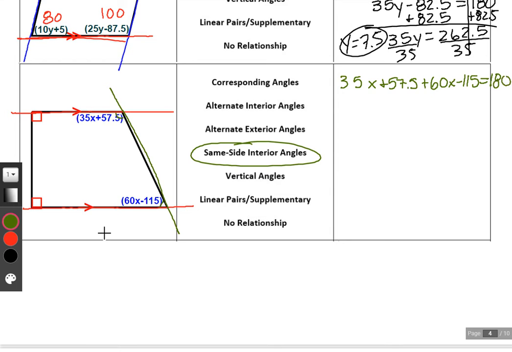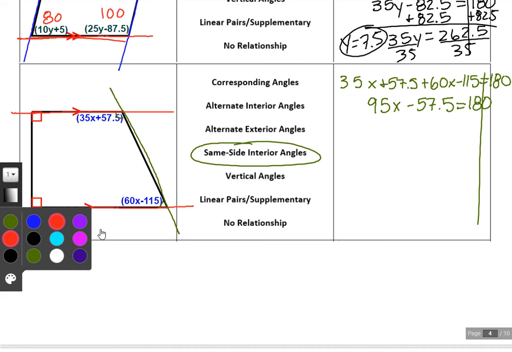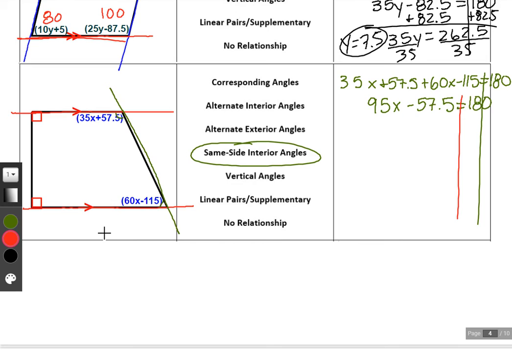Let's solve some algebra. So 35x and 60x, that's going to make 95x. Okay, if I take 57.5 and subtract off 115, I get negative 57.5. Okay, so let's get it by itself, shall we? We're going to add 57.5.